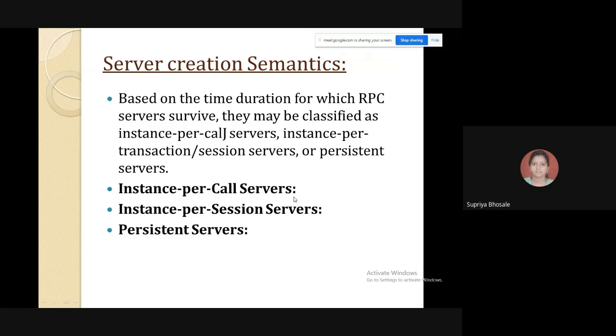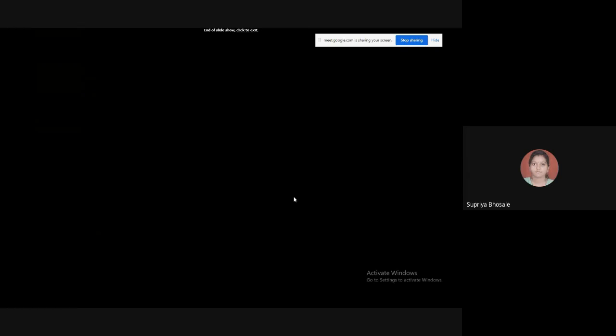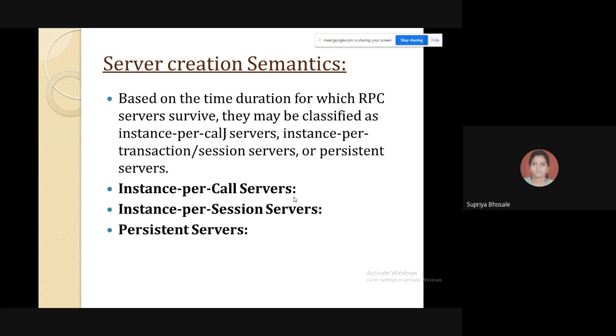Right, only the particular client involved in this operation will be added to it. For other clients, other than that particular client, that instance will not be there. This will not be the condition in the case of persistent. Unlike them, a persistent server is usually shared by many clients. So these are the three types of servers: instance per call, instance per session, and persistent server.